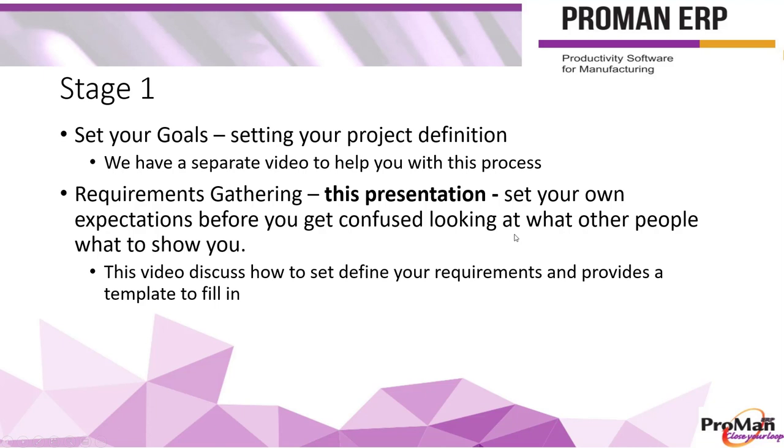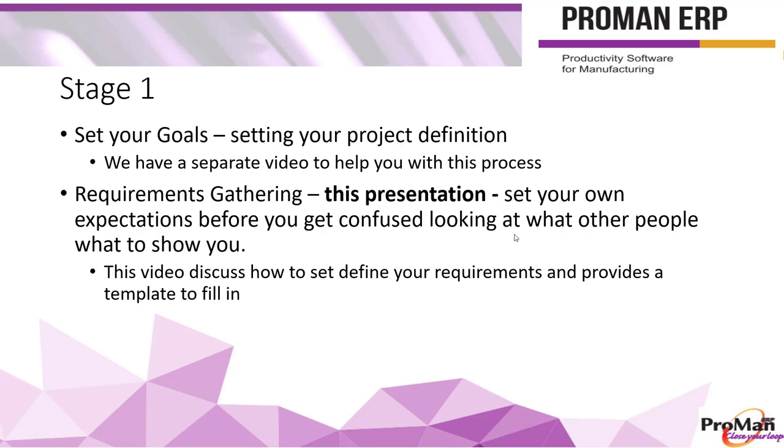Okay, so in our previous video, we showed you how to set your goals and make a project definition. Today, as the second part of that stage, we're going to go through the requirements gathering and set the expectations that you should have before you go off looking at other packages.